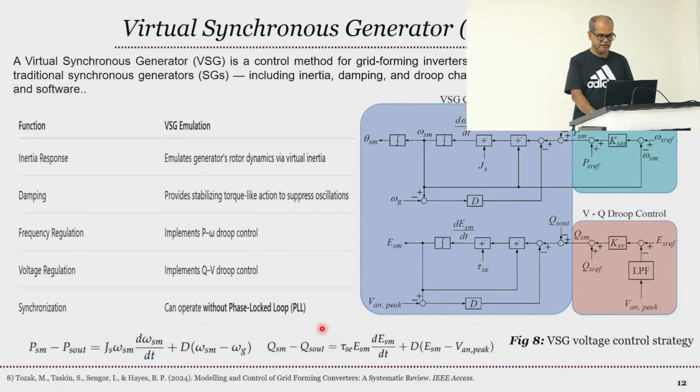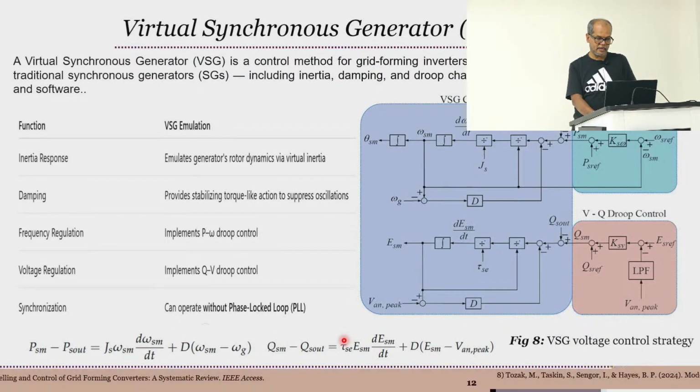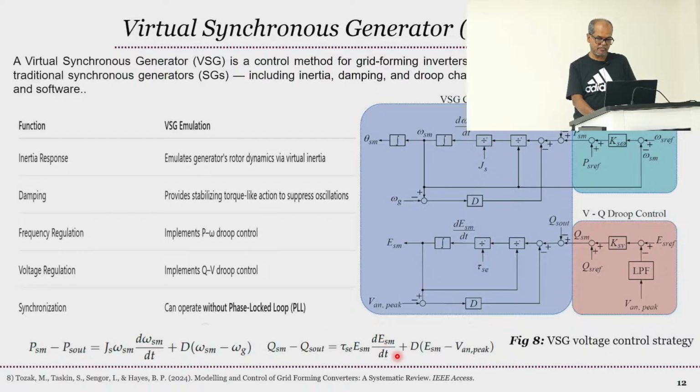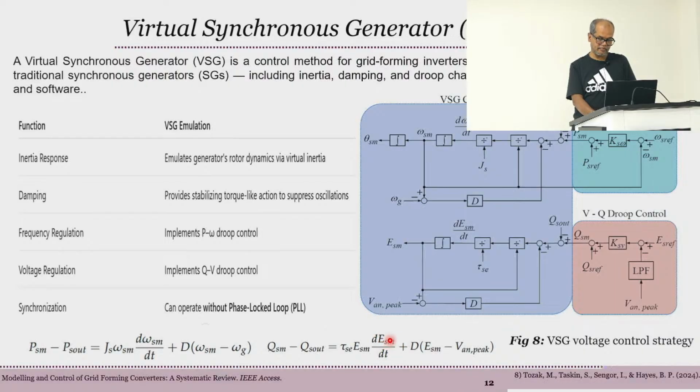At the end, when you have got d omega by dt, you do the integration, and that's how you get your omega. Our intention here is to get omega, and here to get the internal voltage.